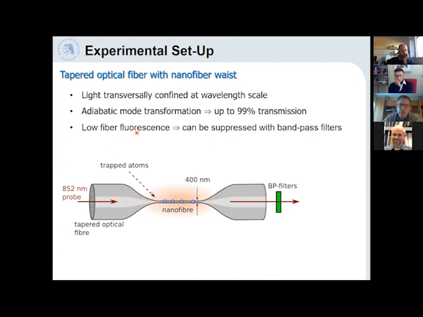But this fiber fluorescence is low enough that it can be suppressed with bandpass filters, such that when analyzing the photons with a Hanbury Brown and Twiss setup, we're sure that the photons we detect have issued from the laser and/or the interaction with the atoms, and not from some spurious generation by Raman processes in the fiber.